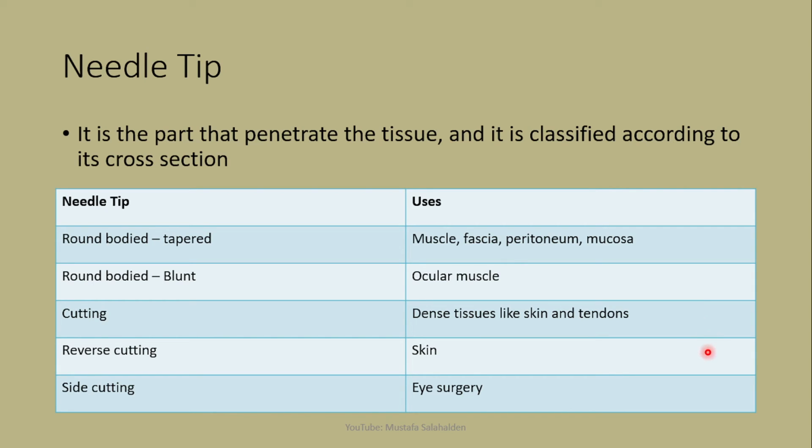And we have the reverse cutting, where the cross section of the needle is also a triangular shape, but the triangle this time is pointing outward, and it is used for skin. And we have the side cutting needle, and those have a trapezoidal cross section, and those are used for eye surgery.